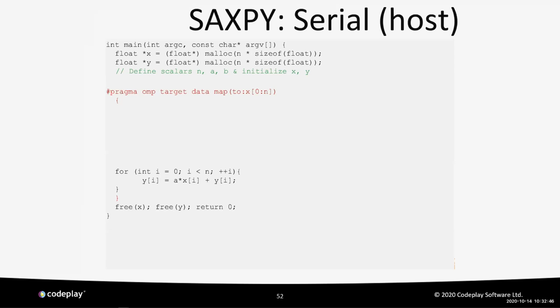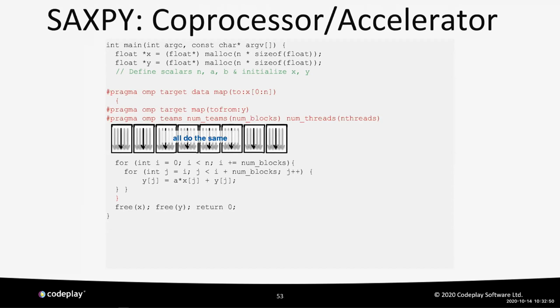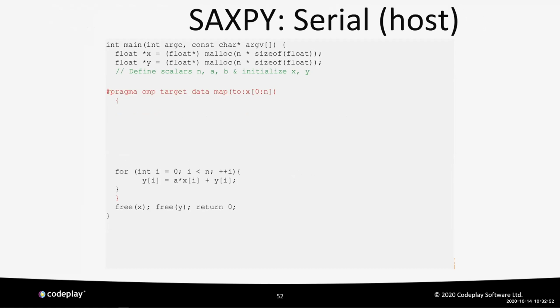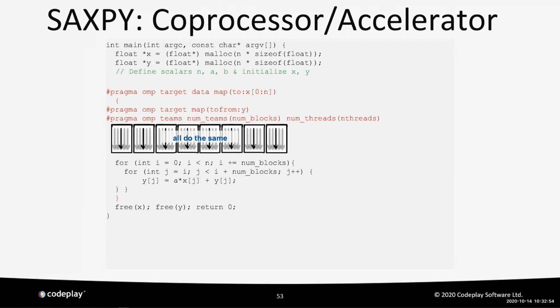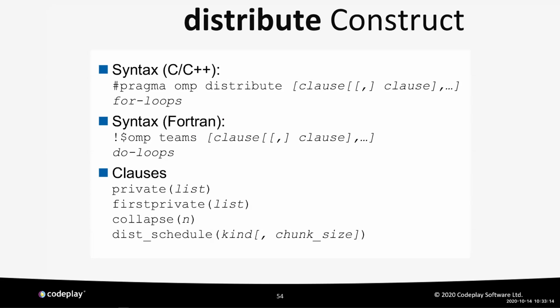Okay. Now, if you want to do target, if you want to do it on the accelerator, you're going to have to add some sort of data environment. And then you would have to create a mapping to the device. And because I'm doing this on a coprocessor and accelerator, I have to call teams, which essentially creates a single thread in a team of threads that acts as the trigger for creating a distribution of those threads.